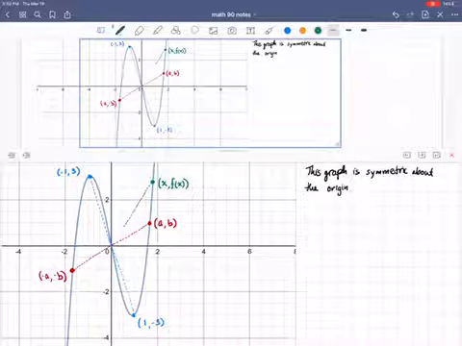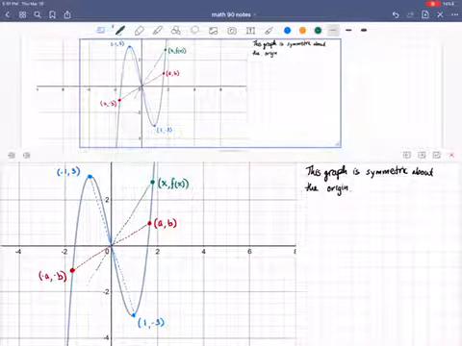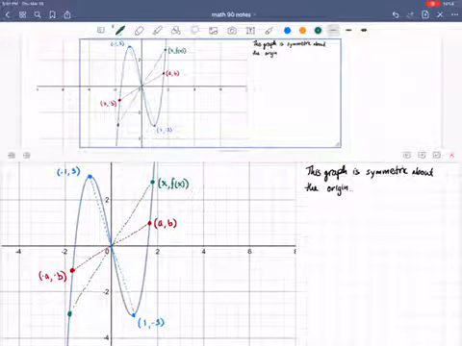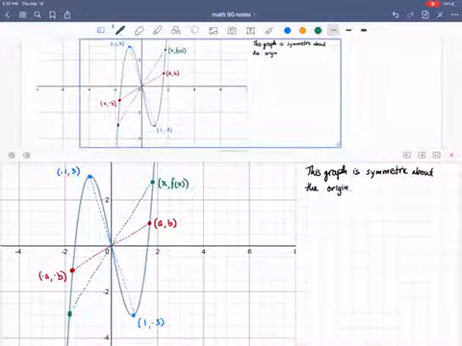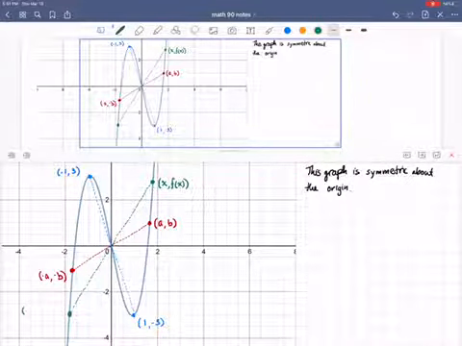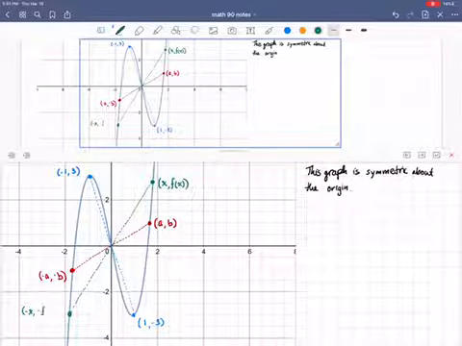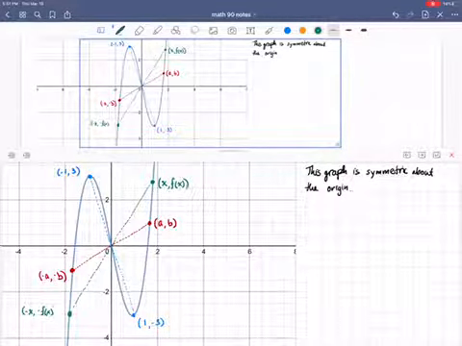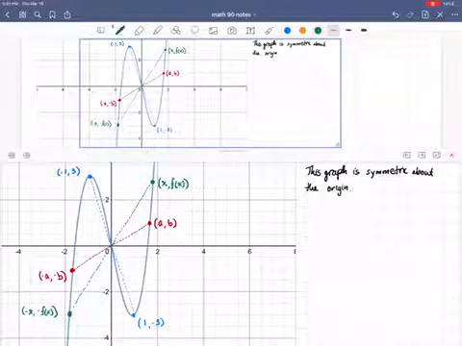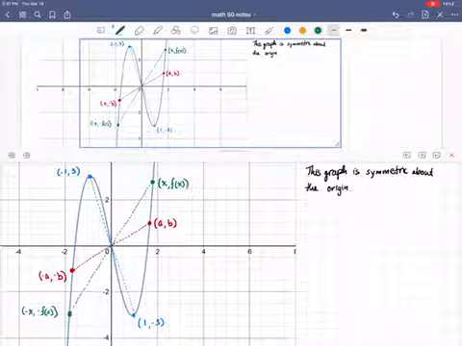I'm going to dot down to the origin, and then I'm going to keep on going until I get down to here. Okay, and so again, it looks pretty believable that the x and y coordinates are opposites of what they were when they started. So the x coordinate is -x and the y coordinate is -f of x.